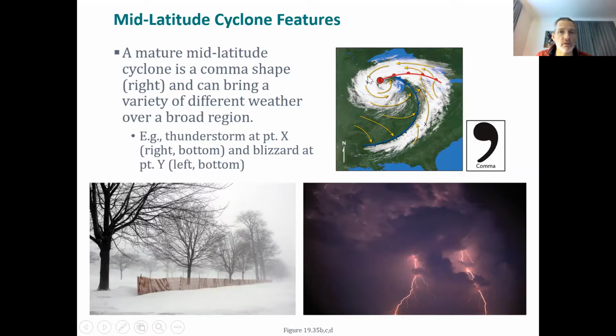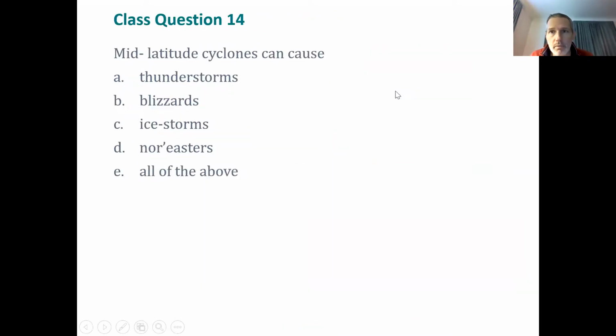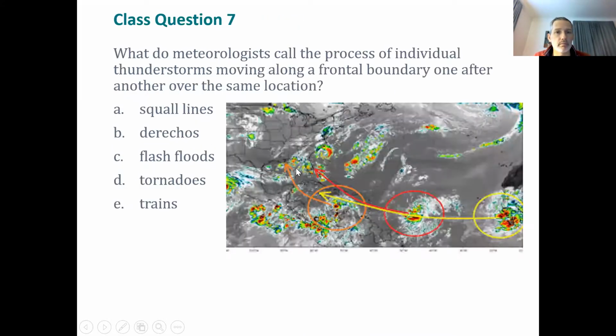These are called nor'easters. And so that's named after where the winds are coming from, the northeast. So yeah, it can create nor'easters. So it would be all of the above.